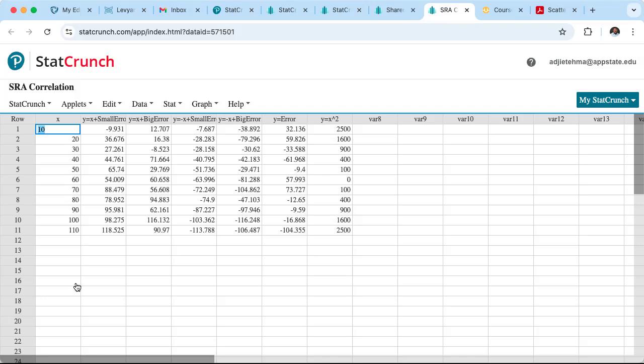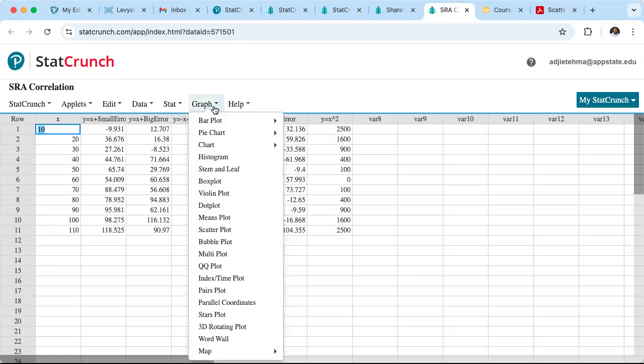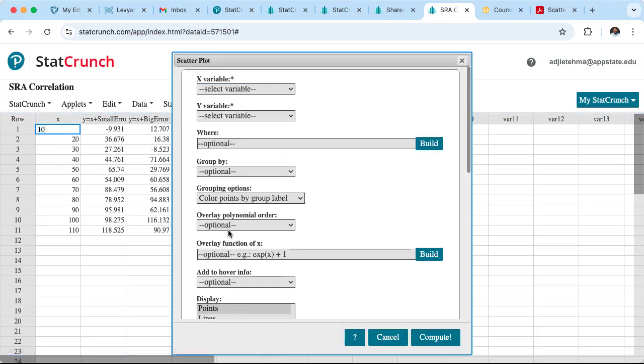So this graph here has X values and then various Ys. So let's try to play with some of them. So let's learn how to construct scatter plots. So to be able to do that, we go to graph, and then we go to scatter plot, and then I click on that.